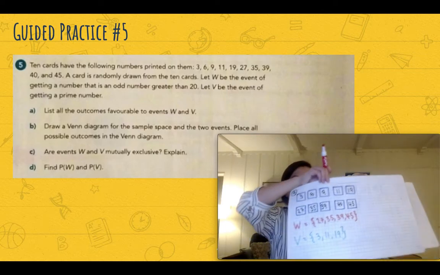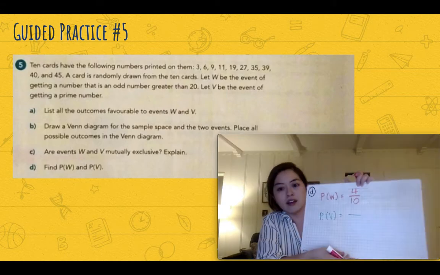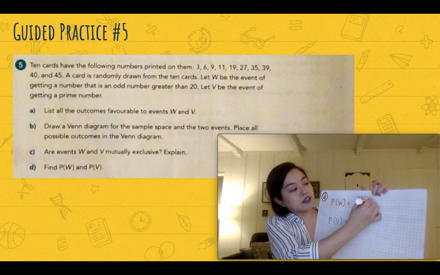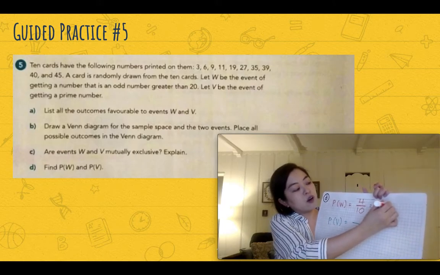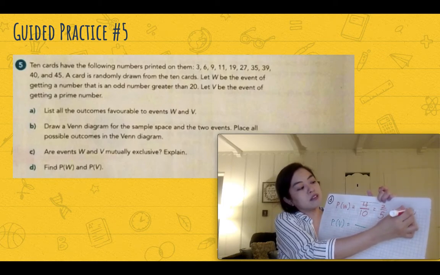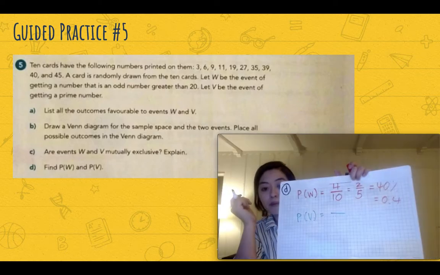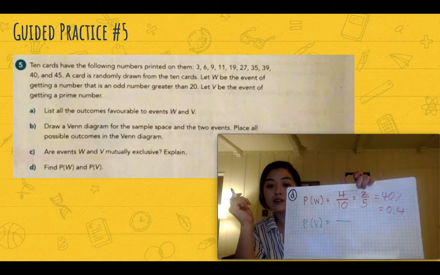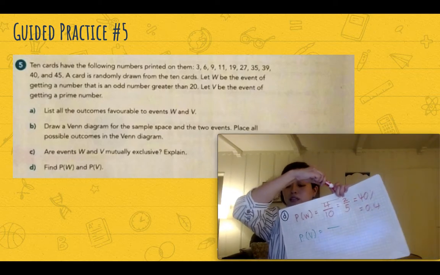So there were 4 favorable outcomes for W. I'm going to write that here. And 4 out of 10, you can simplify it to 2/5, or you can also write it as a percentage, which is 40%, or as a decimal, which is 0.4.